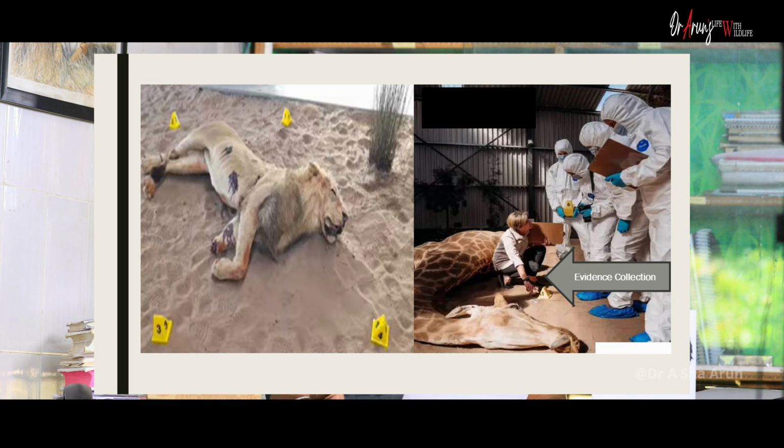All of this has to be documented properly. For photographic evidence, as I said, we have to take pictures from multiple angles, preferably high resolution images of the carcass and the environment, and any tools like weapons or objects used for that illegal trade should also be properly documented.